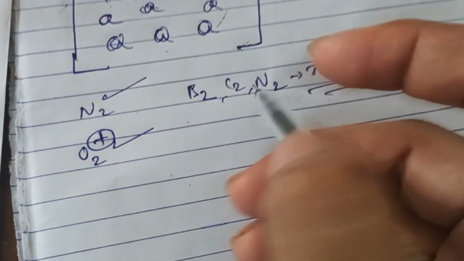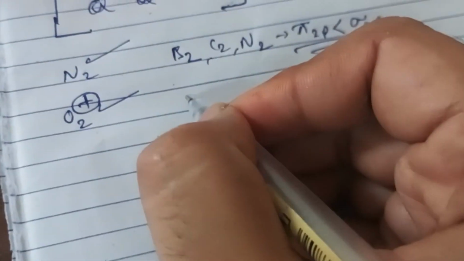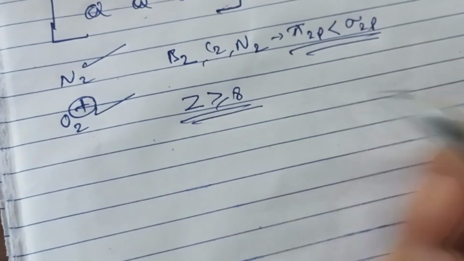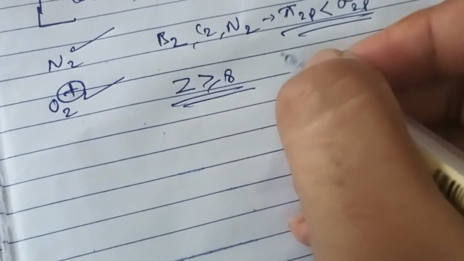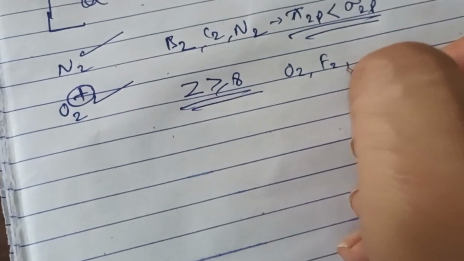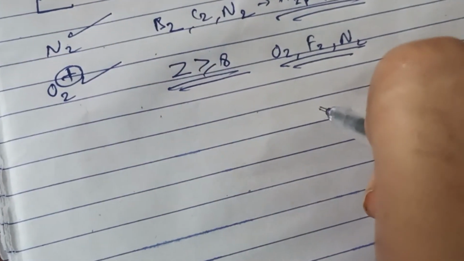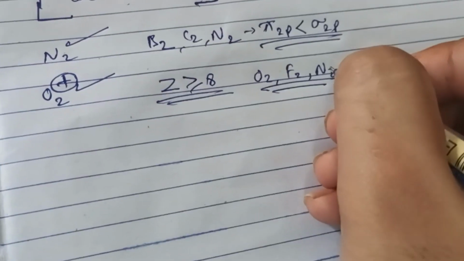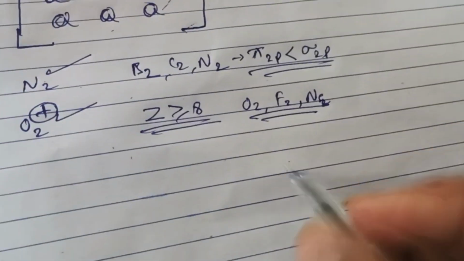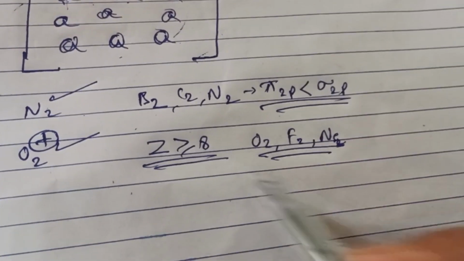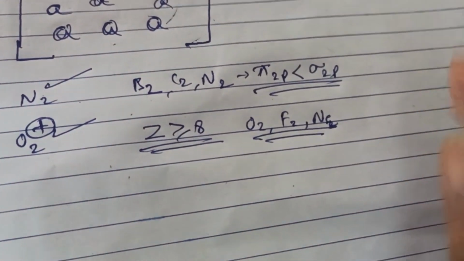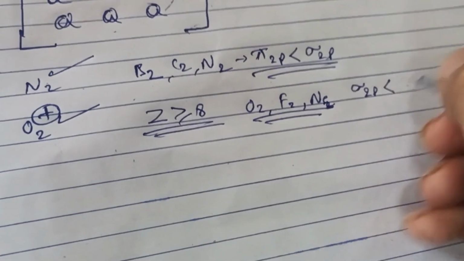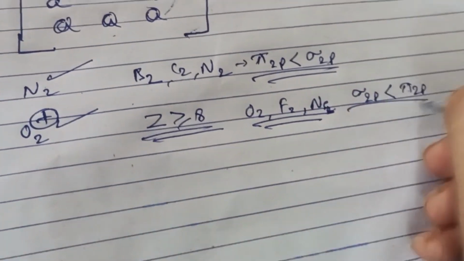And for the heavier ones, with atomic number more than 8, like O2, F2, and neon, sigma 2p is lower than pi 2p.